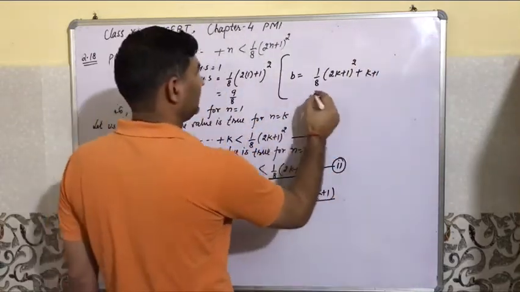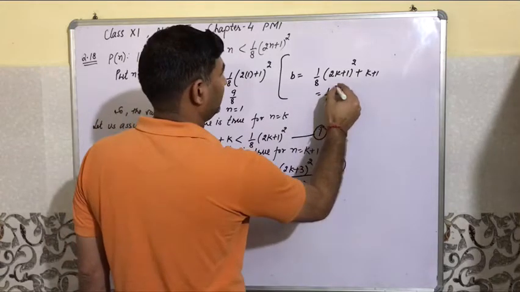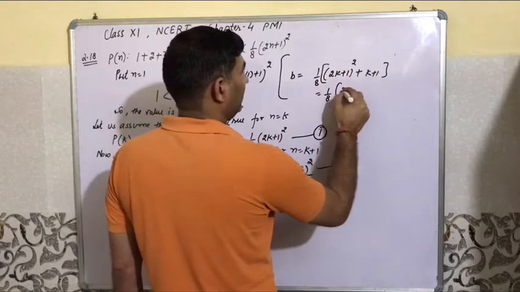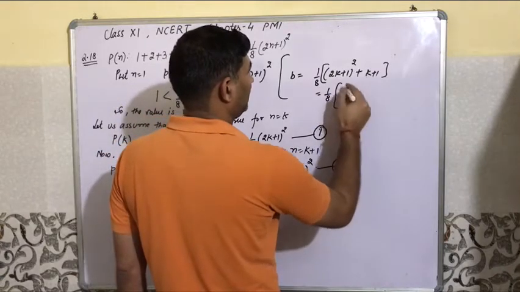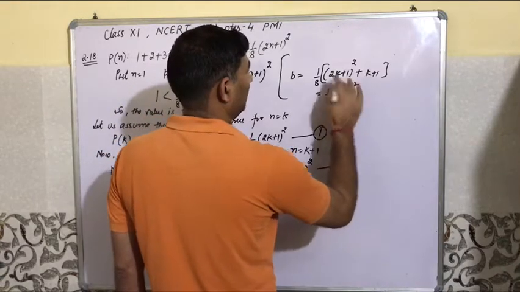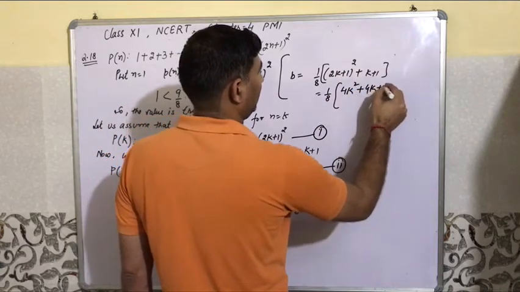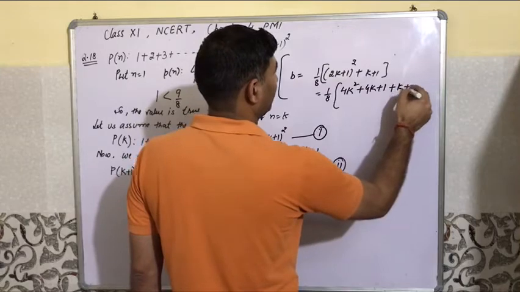Then 1 by 8 of 4k square plus 4k plus 1, plus k plus 1.